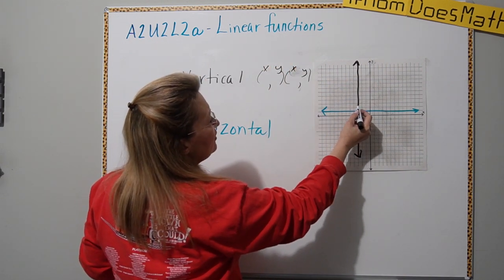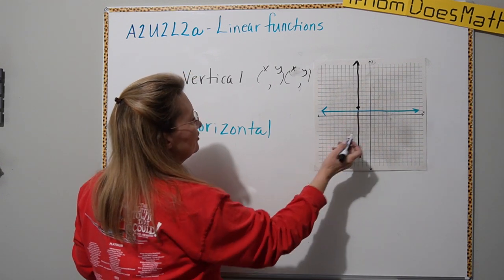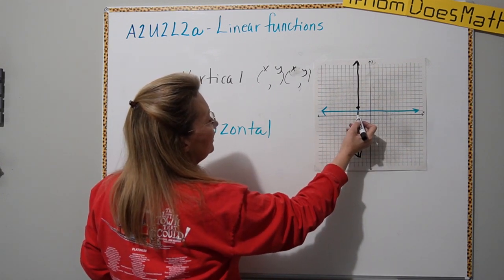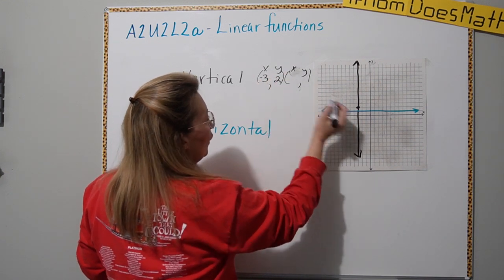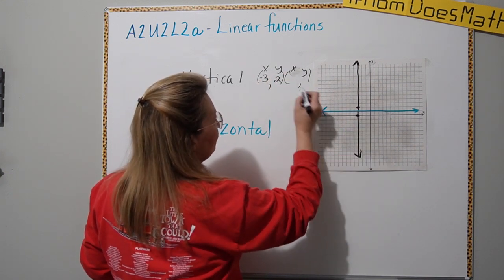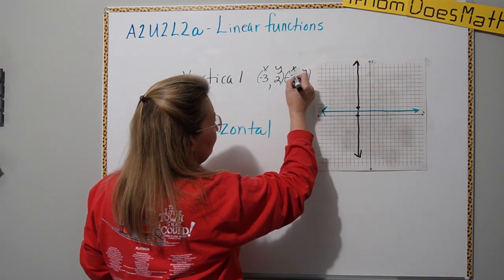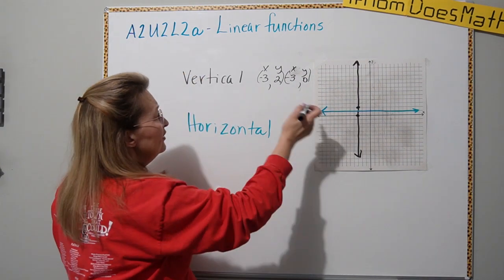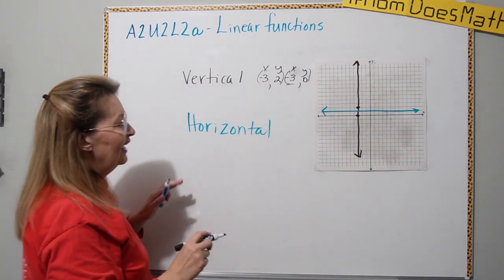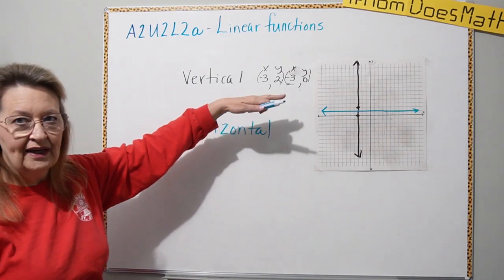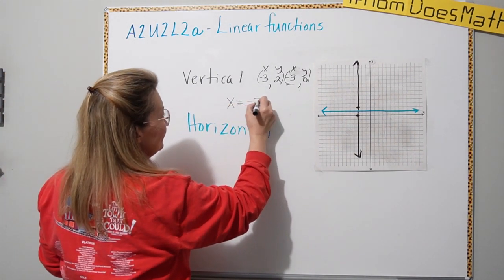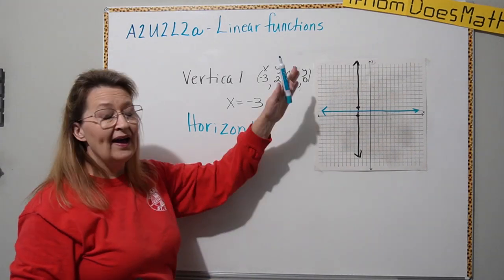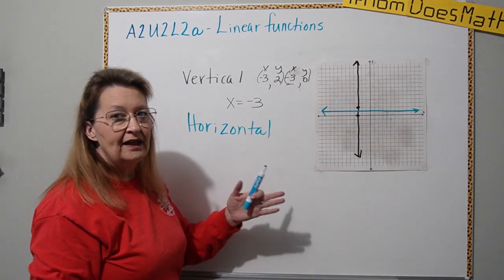What about this point right here? What point would describe that? Well, I went back 3 and up 2. What about this point right here? Well, I went back 3 and up 0. Every single point is going to have a -3 in the x coordinate place. So let's just describe this as x is equal to -3 because y can be anything, any number.